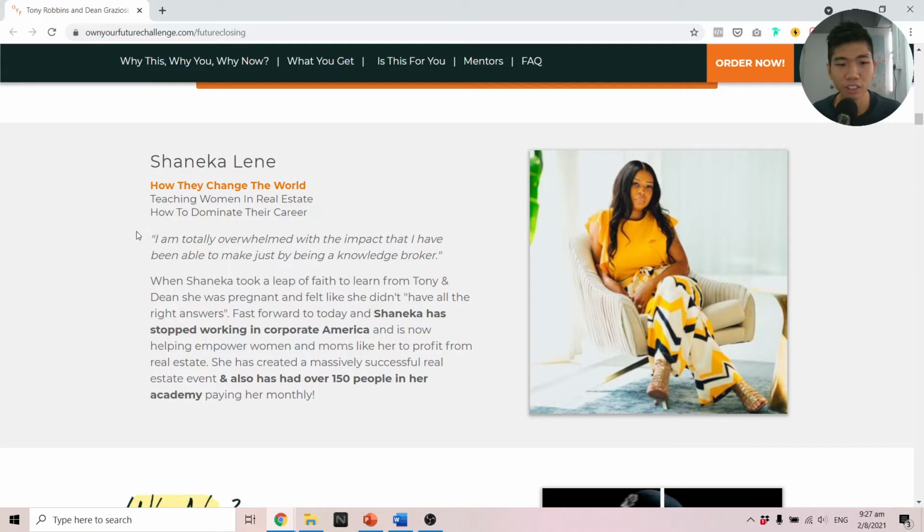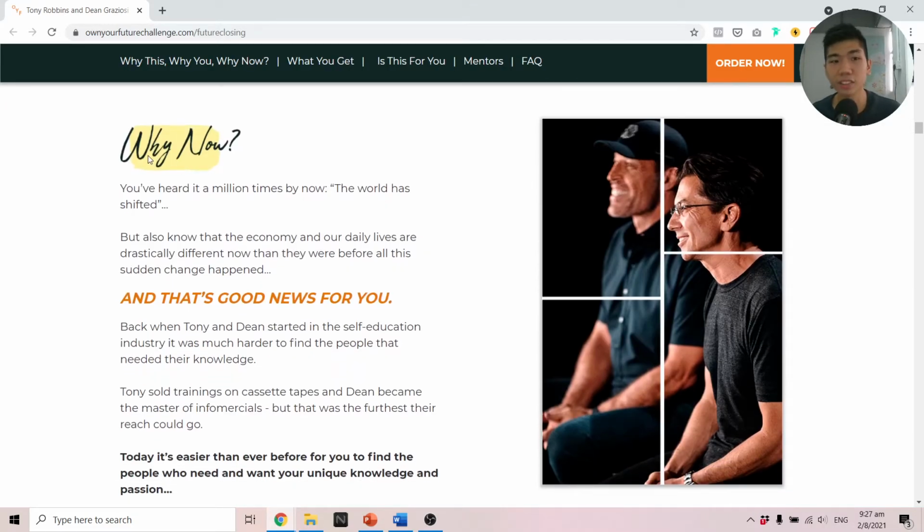Oh, I got the results, blah blah blah, this type of thing. And why is now important? Because so many people skim the pages. They think, yeah, this sounds like so much value, but I just need to think about it. If you include this section, tell people why they need to take action now.